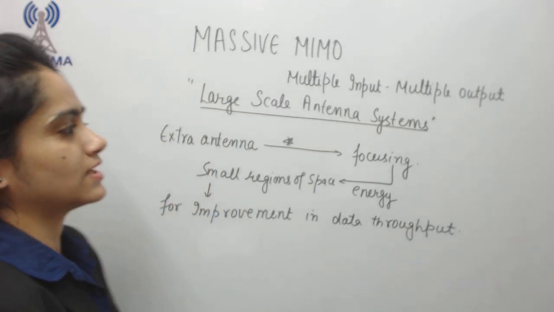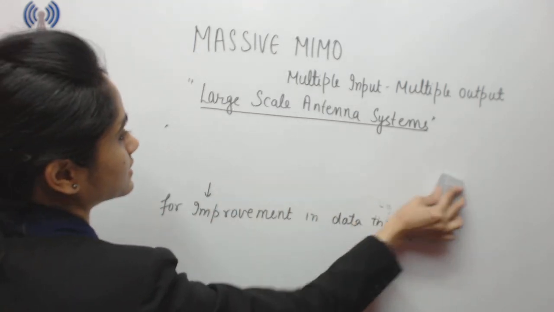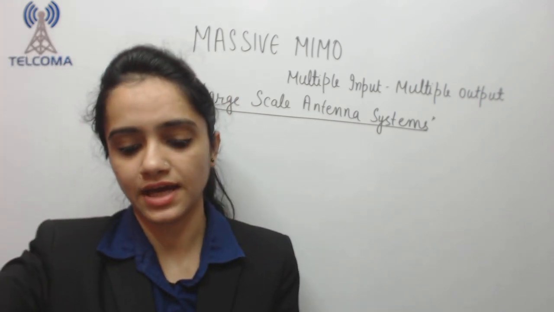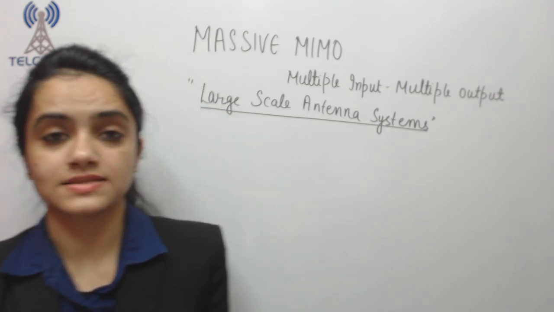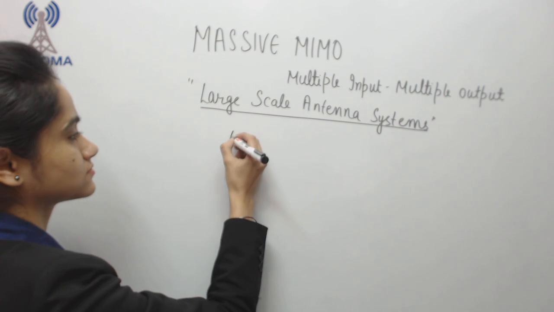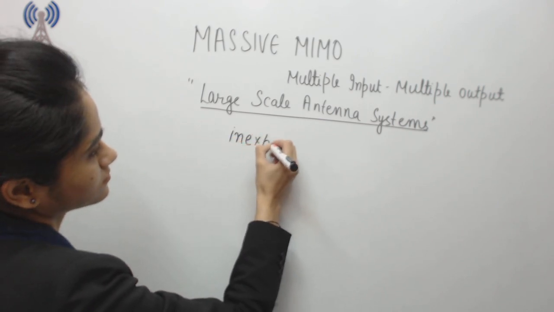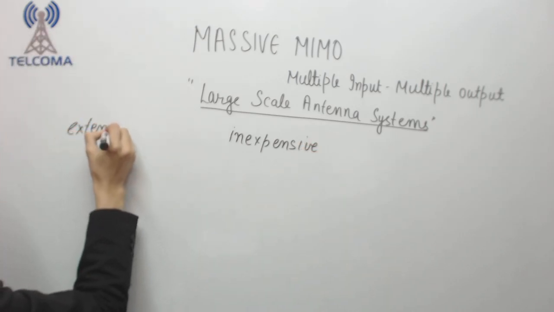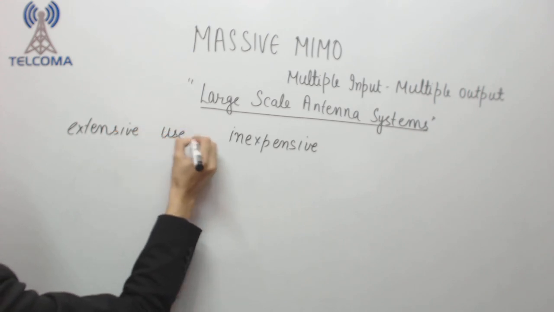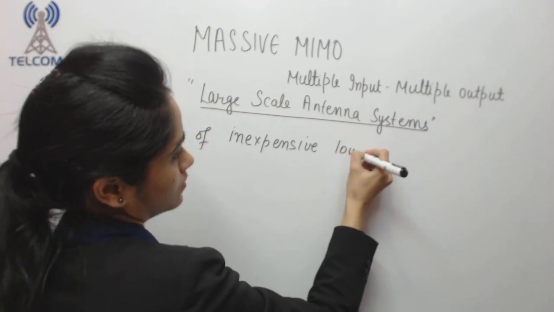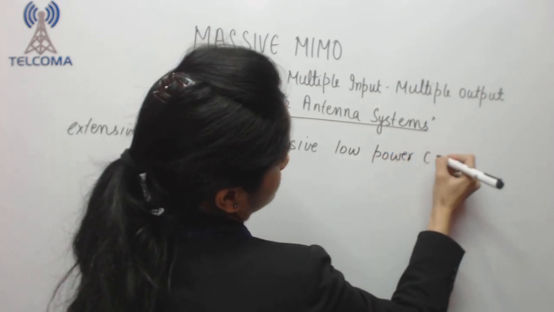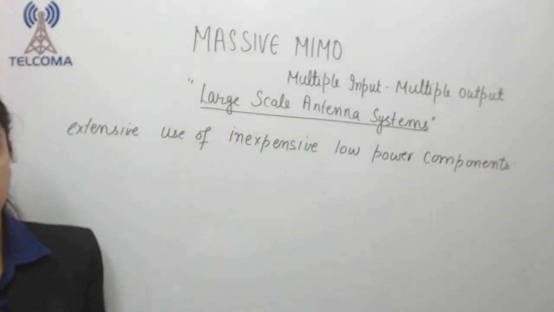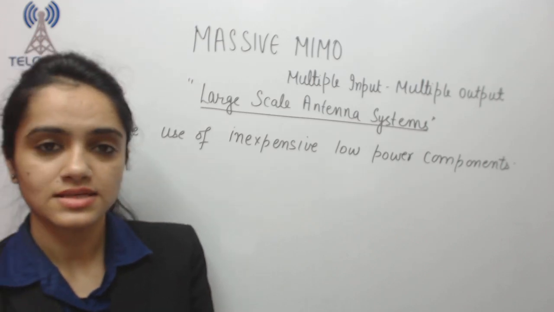Now here in Massive MIMO or large scale antenna system, we have extensive use of inexpensive low power components.